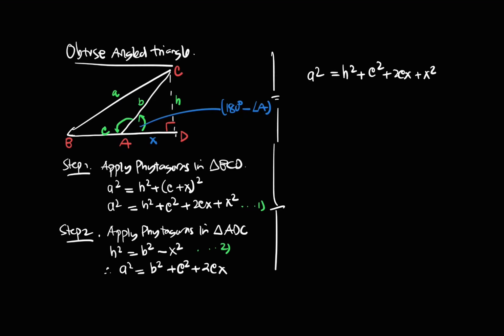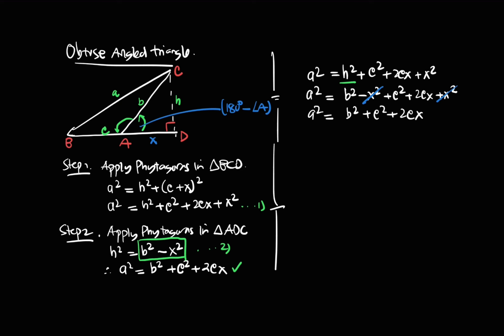Now you just substitute this into this. Then you can find the final equation, which is a squared equals b squared minus x squared plus c squared plus 2cx plus x squared. We can see that this can be cancelled. Then a squared equals b squared plus c squared plus 2cx.